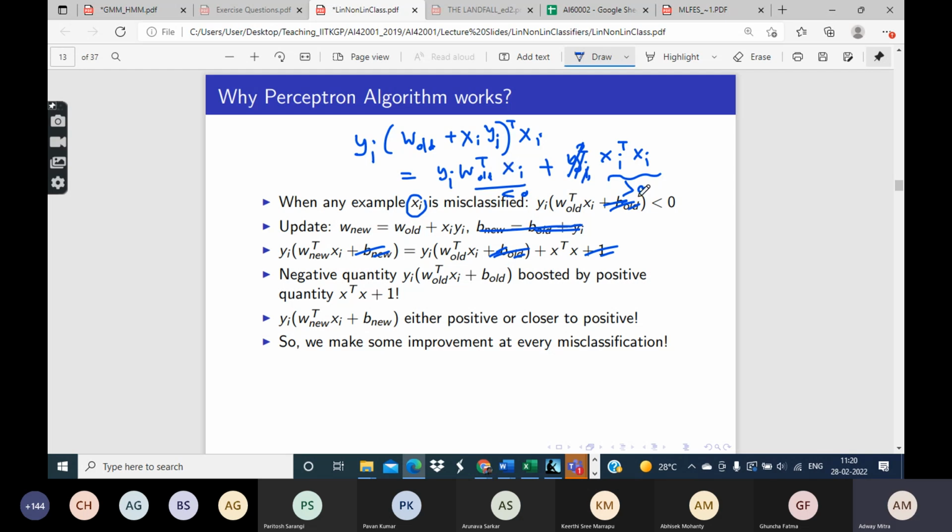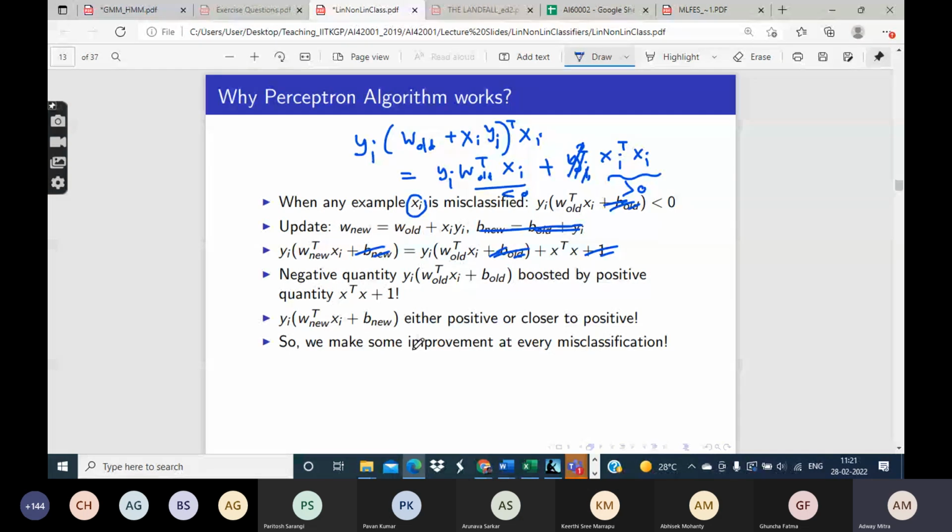If it becomes positive, then after making this update of W I have been able to correctly classify this point. That's good. Even if it becomes negative, I have at least come closer to correctly predicting it. So either way, some improvement has happened.